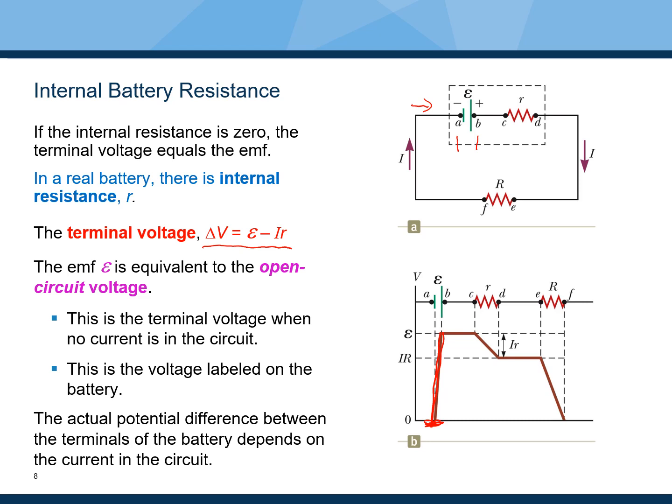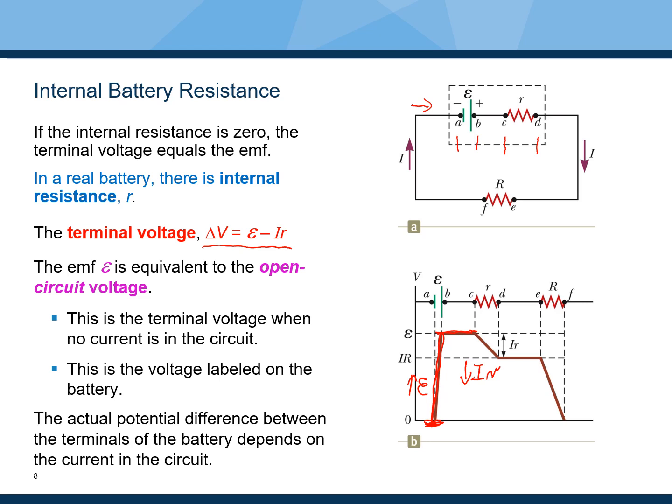Then it flows from B to C without any change. However, from C to D, the resistor corresponds to a situation where there's a potential change given by I times little r. So we had a potential rise given by E as we went through the battery. Then across the internal resistance of the battery, we have a potential drop given by I times little r.